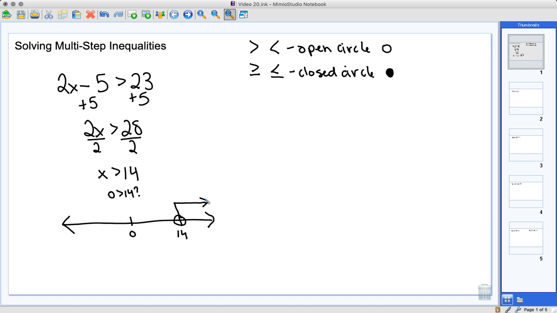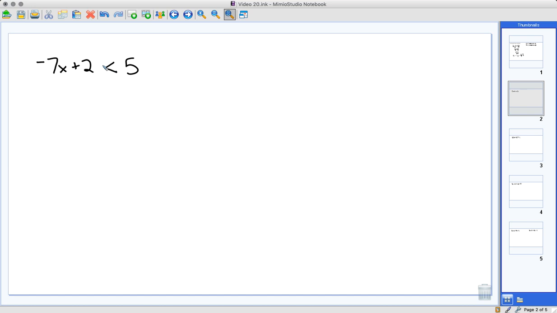Okay, so let's try another one. Okay, so we subtract 2 over. We get negative 7x is less than 3. All right, divide by a negative 7. Okay, here's another unwritten rule.